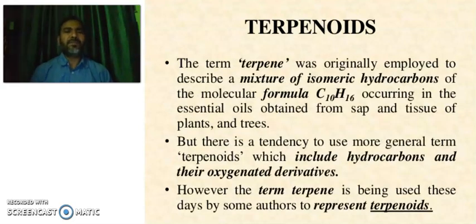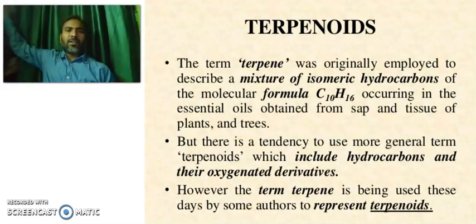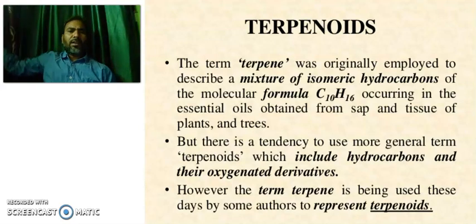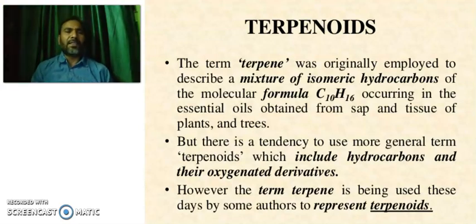My friends, the term terpene was originally used to describe a mixture of isomeric hydrocarbons of the molecular formula C10H16 occurring in essential oil obtained from sap and tissue of plants and trees.